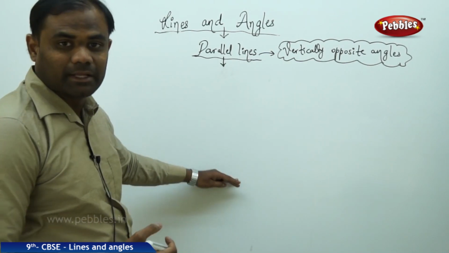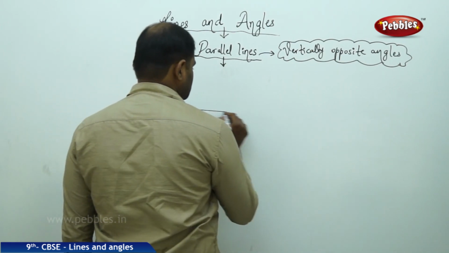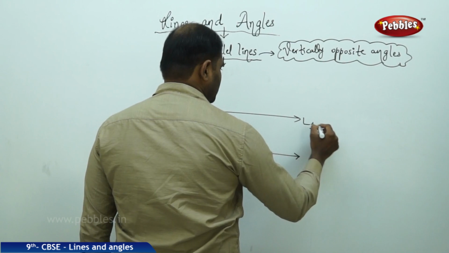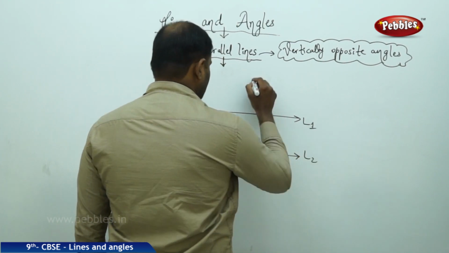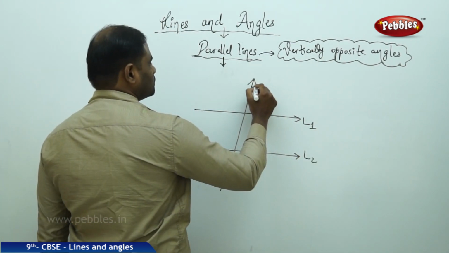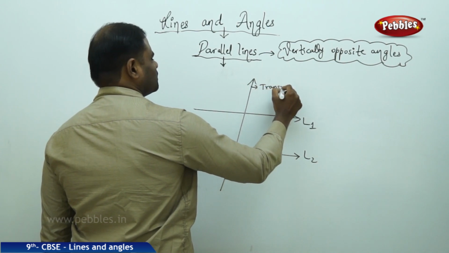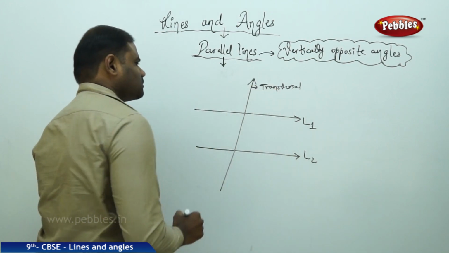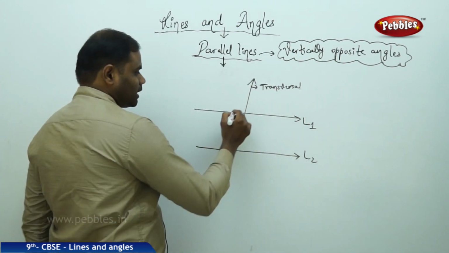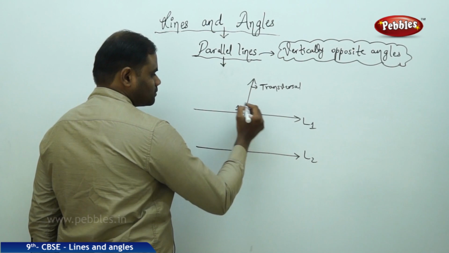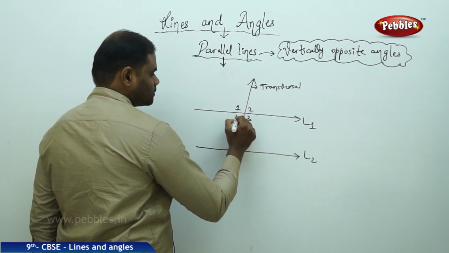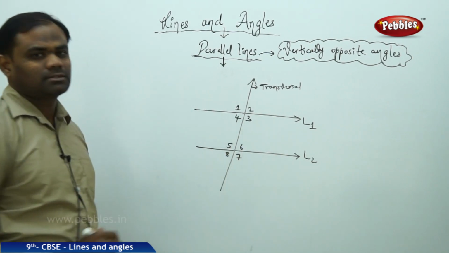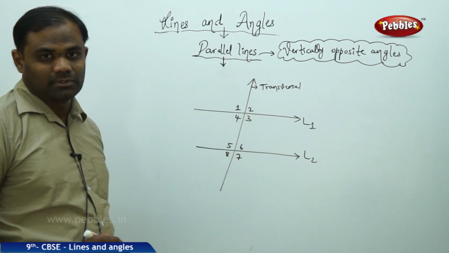Imagine I have two parallel lines L1 and L2, line L1 and line L2 cut by a transversal. Now we know that there are 8 angles as made by the lines with the transversal.